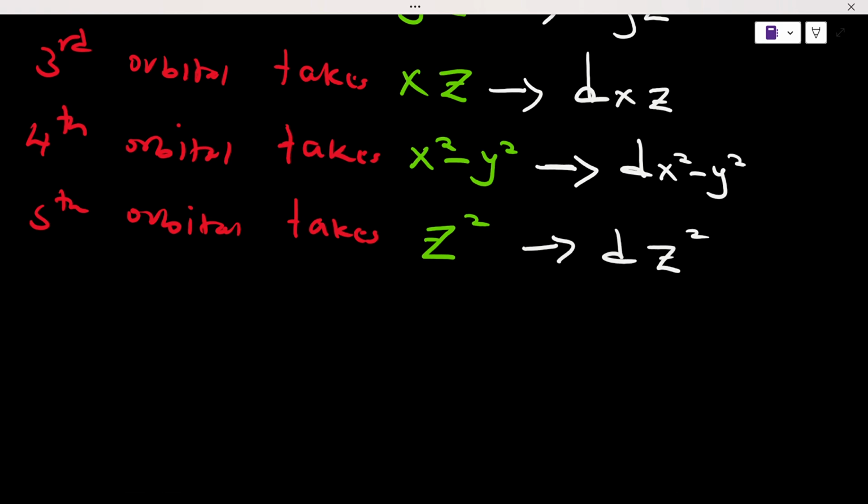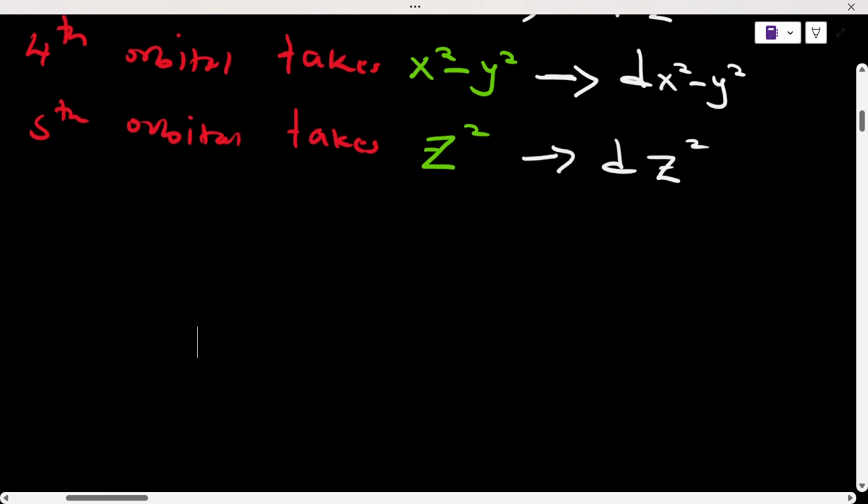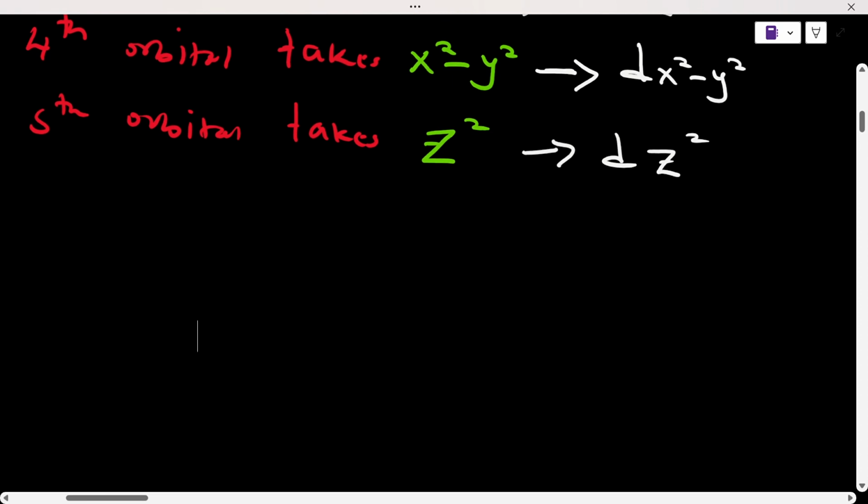Now, to understand the shape of the d orbital, you need to understand the system of 3 axes. So, the system of 3 axes works this way. I'm going to draw it.